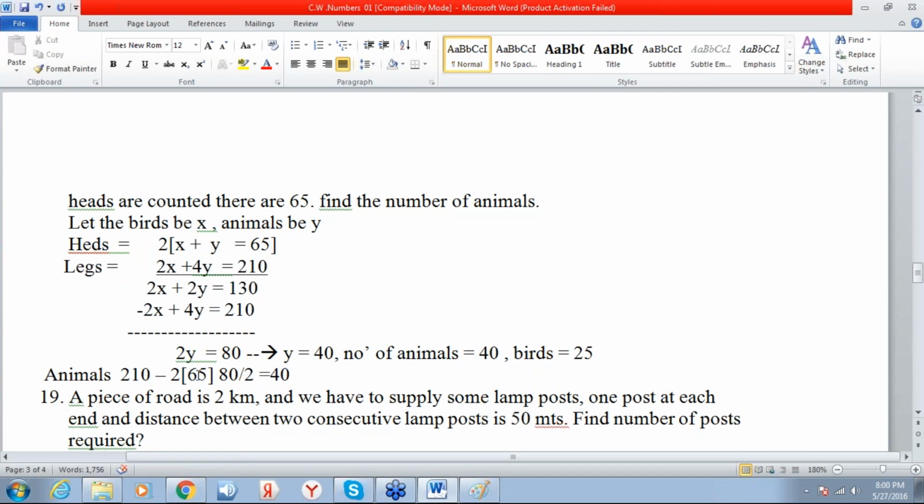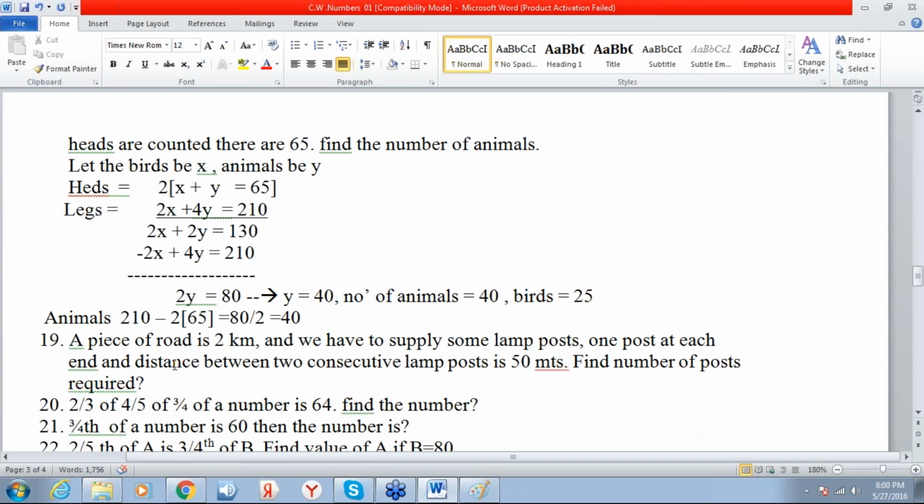The remaining legs belong to animals only, so we still have to count 2 legs. So 80 by 2, which belong to animals. So 40 is the answer. So animals are 40 and birds are 25.